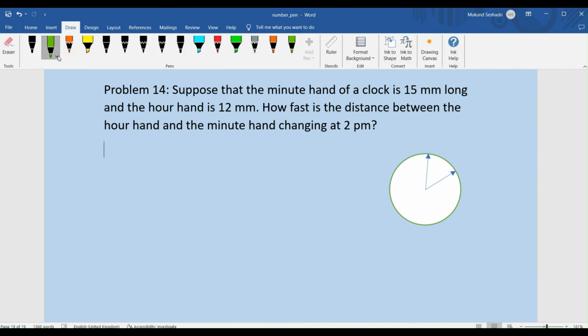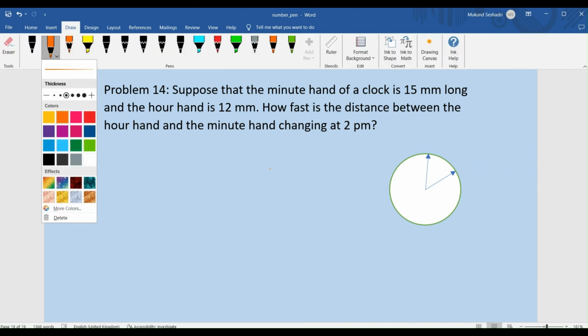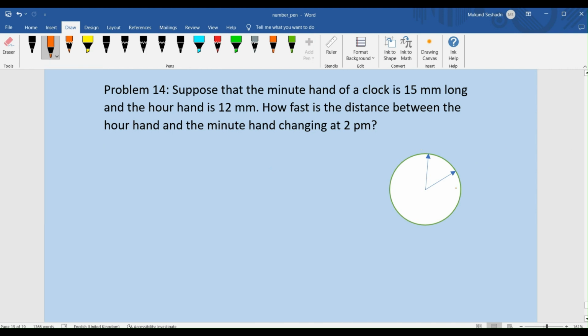I'm going to take the draw tool here to show what we want to. I'm going to treat this as my hour hand at 2 o'clock. So let me call this H, and I'm going to treat this as my minute hand. I'm going to call it M.